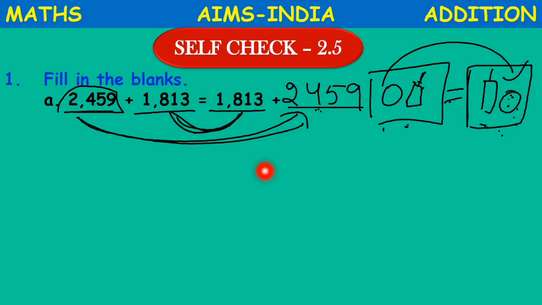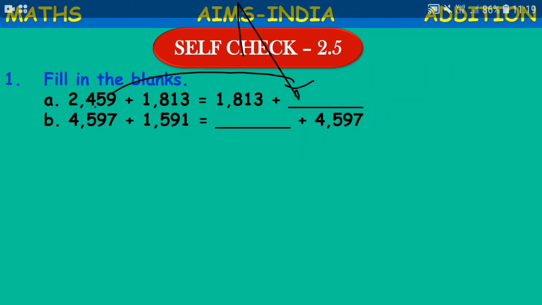Now how can we say that 2459 plus 1813 is equal to 1813 plus 2459? With the help of commutative property, yes children.